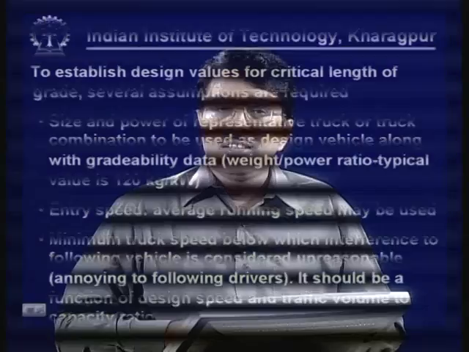Obviously, if on a grade a commercial vehicle is moving and there is a continuous reduction in speed, particularly for 2-lane roads, other vehicles like cars or other light vehicles are forced to follow this slow moving vehicle. So, it becomes annoying to the following driver to follow a slow moving vehicle for a much longer time.